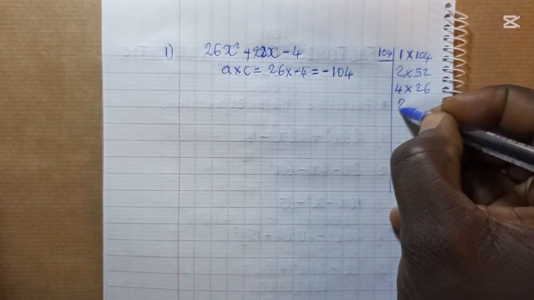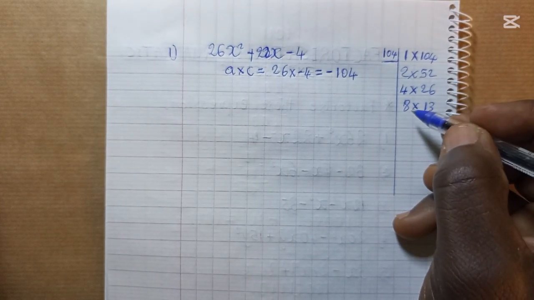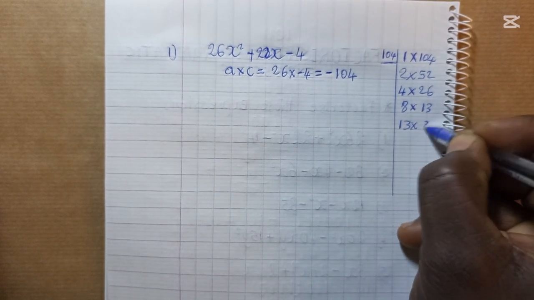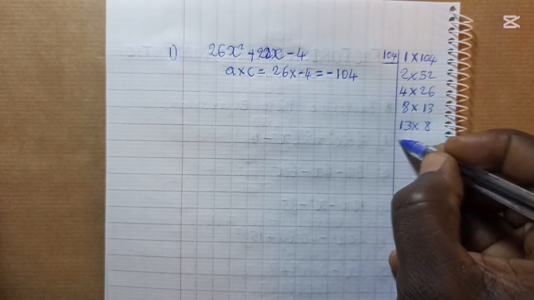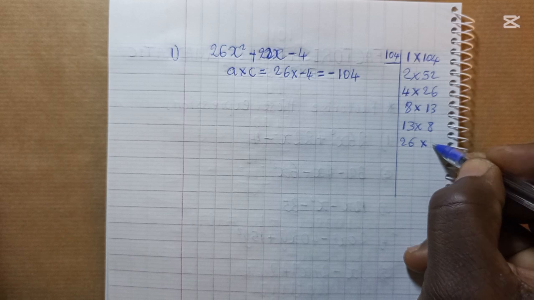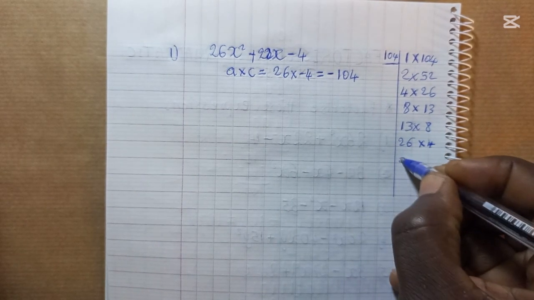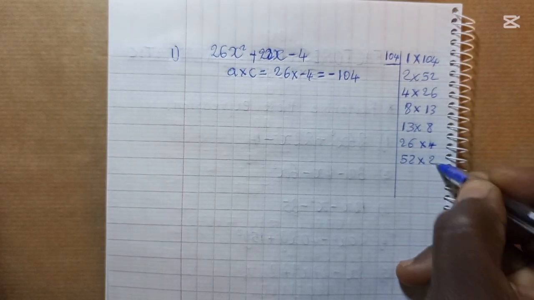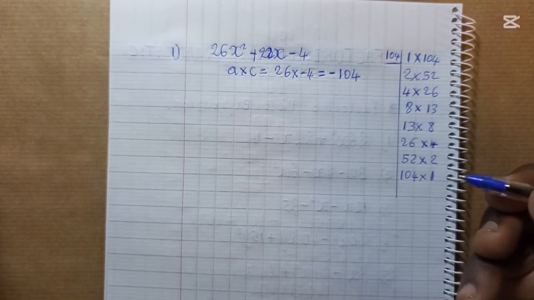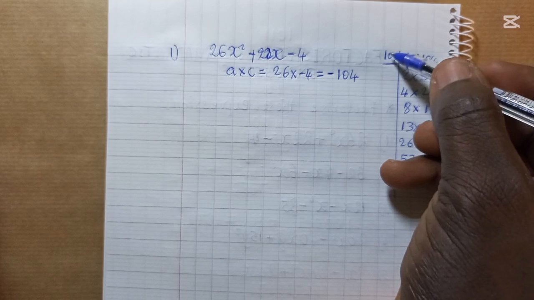Then 8 times 13 gives us 104. Also 13 times 8, 26 times 4, 52 times 2, and 104 times 1. Now these are the various numbers we can multiply together to give us this particular number.